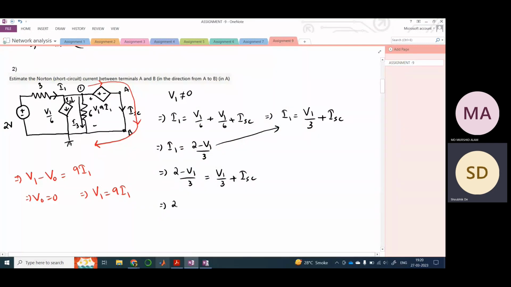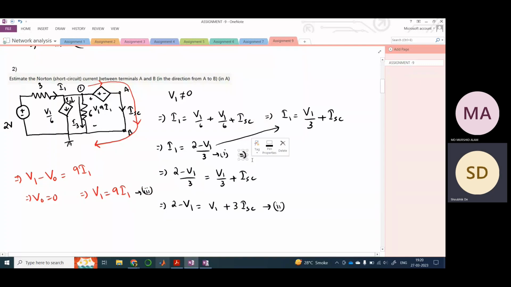Okay, so now we have actually got an equation, right? So we can substitute this here. Let us call these equation 1, equation 2, and equation 3.